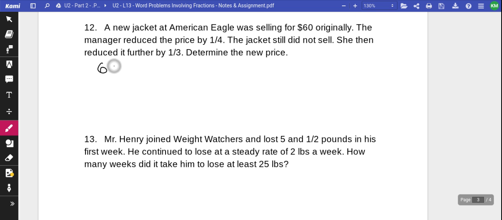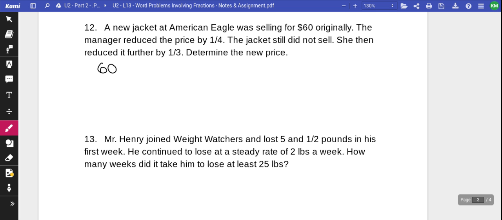Should we figure out how much she reduced it by the first time? So we're going to multiply because we want to know what 1/4 of that price is. Would you agree that's how much she's taking off? Mm-hmm. Now, you also have a different choice, though. If she's taking off 1/4, how much is left? 3/4.